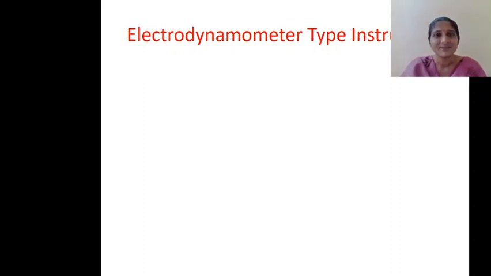This electrodynamometer type instrument is used to measure both AC as well as DC. It is called a transfer instrument. So what is a transfer instrument, first of all? A transfer instrument is one that is calibrated for DC. What is the meaning of calibration? Calibration means finding the error, and then you need to modify it and bring it to the zero position, nullifying that error.